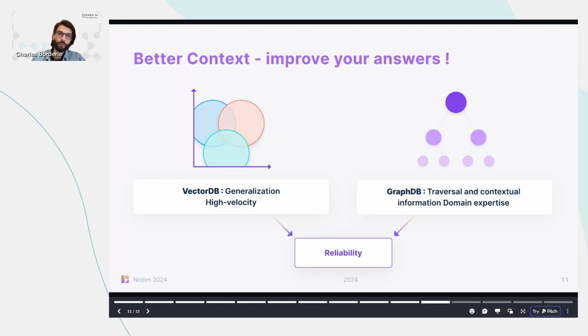So you can come with an ontology, but you can also come without one, and we automatically build this ontology with our tool. You just have to validate the assumptions of the machine, and then you can produce your graph automatically. And we're going to merge those two in the context of the machine. Ultimately, what we are aiming toward is the reliability of the answer.